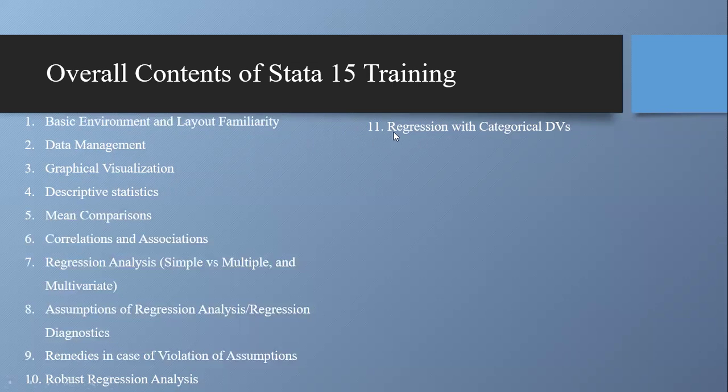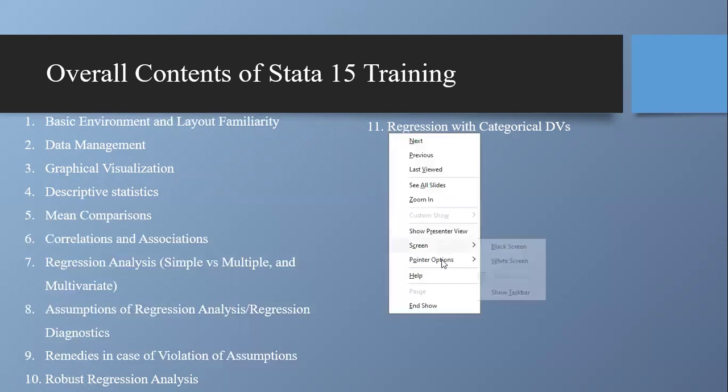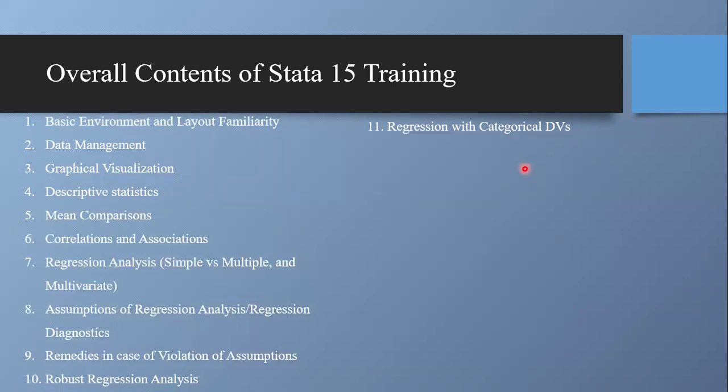In the 11th part, we are basically considering that our variable becomes categorical. It means it has either two categories or more than two categories. In case of two categories, it is the binary dependent variable, indicated by 0 and 1. And in case of more than two categories, it becomes a categorical variable.